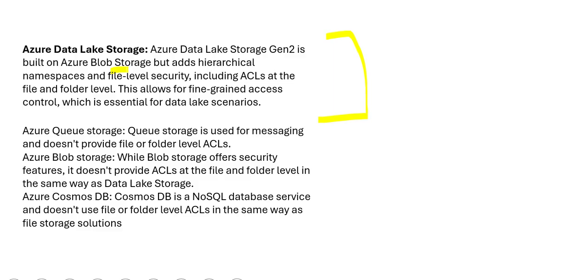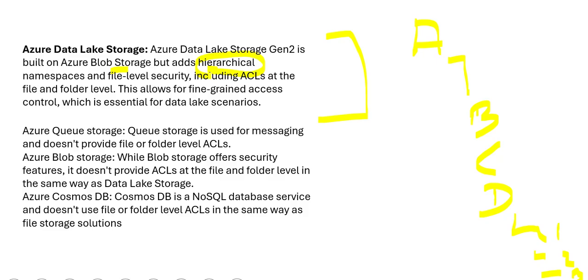It allows you to put hierarchical namespaces. Like you have A, and under A you have B, C, and D, and under D you have one, two, three. So this is your hierarchy. This is called hierarchical namespace.